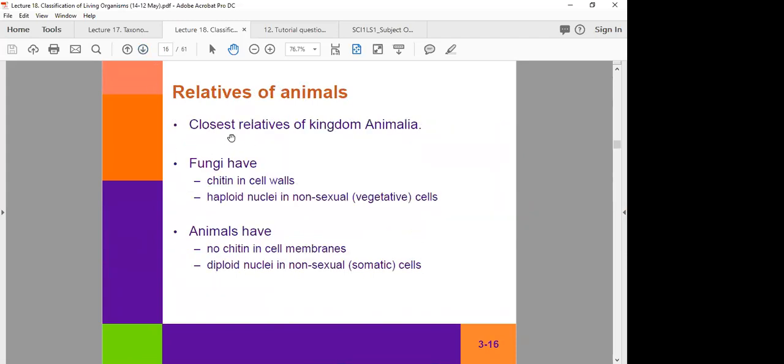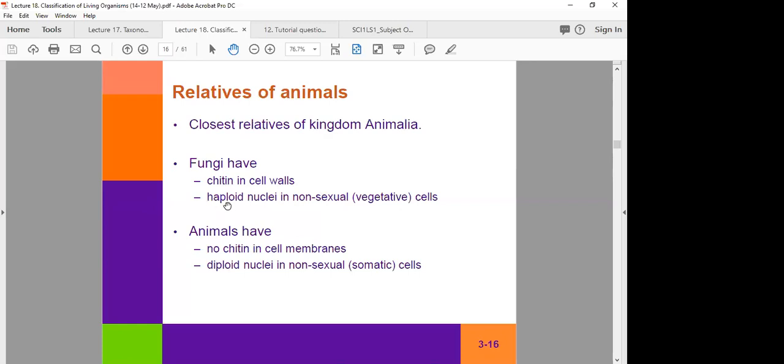All right, the fungi are the closest relatives of kingdom Animalia. So they share a lot of similarities, but here are a couple of differences. Fungi contain chitin in their cell walls. Animal cells lack that substance called chitin. Fungi have haploid nuclei in their non-sexual cells.